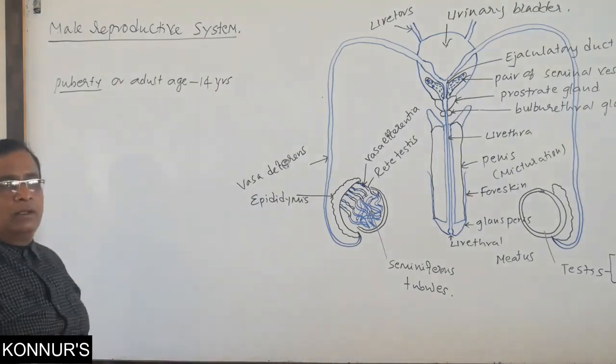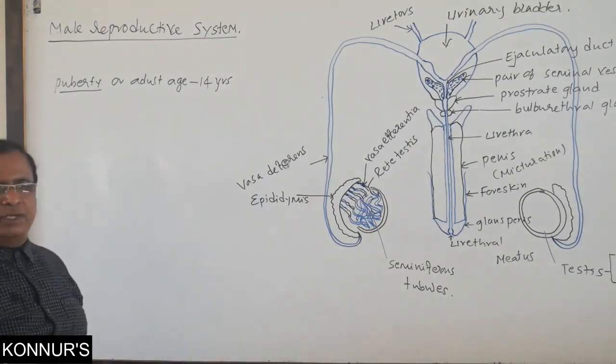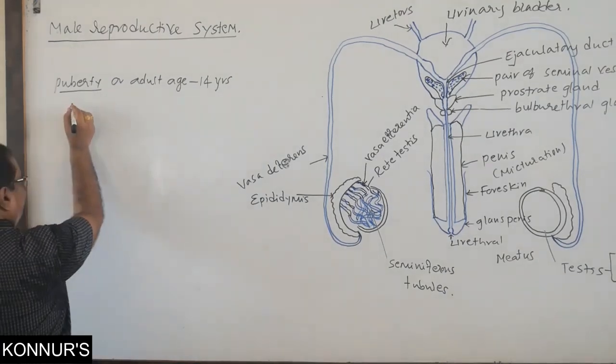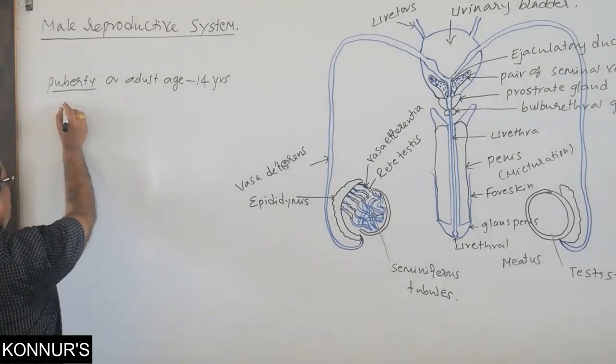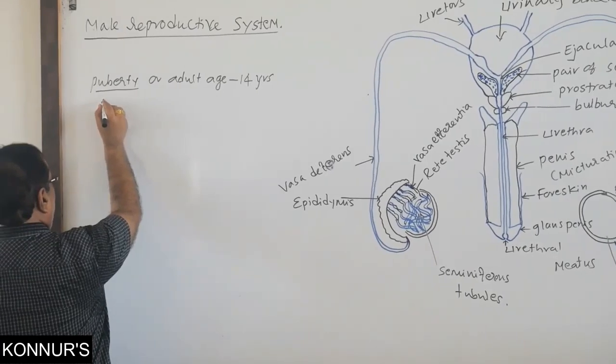When they become 14 years old, there is a production of a hormone.